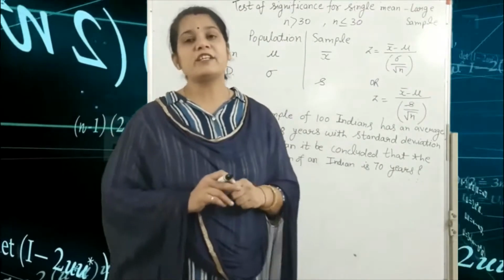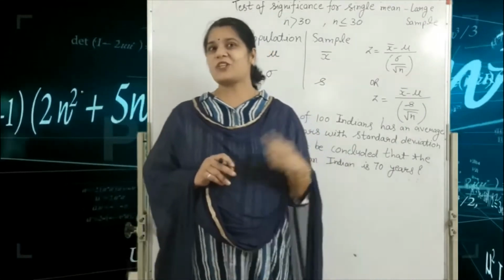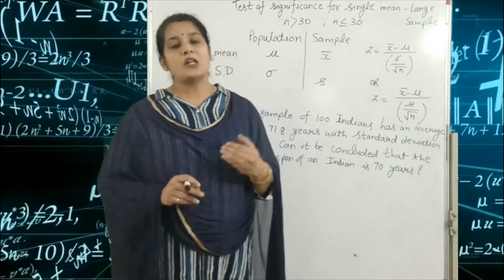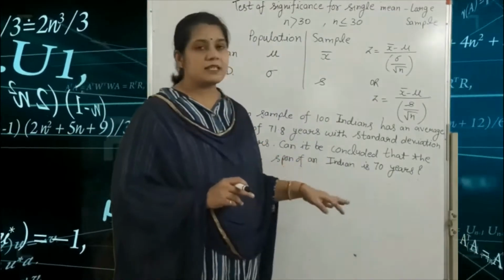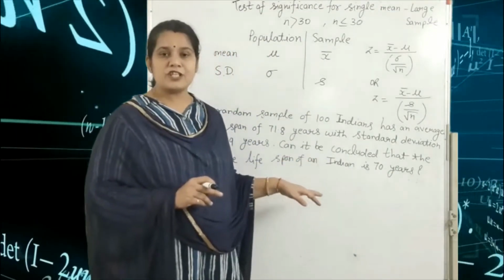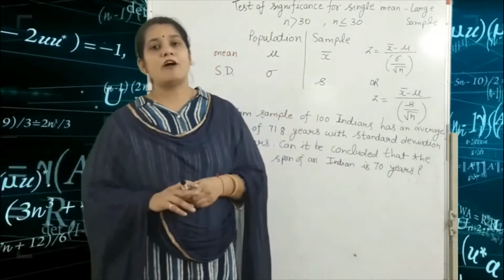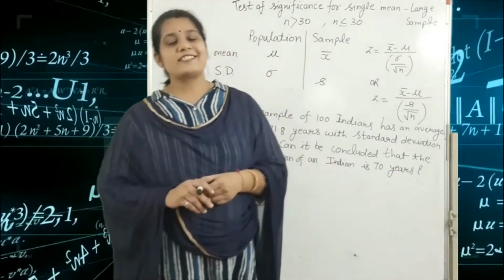But one point is missing in this question: the level of significance. Exactly. If the level of significance is missing in a question, you always assume a 5% level of significance. Okay, so let's start our solution.